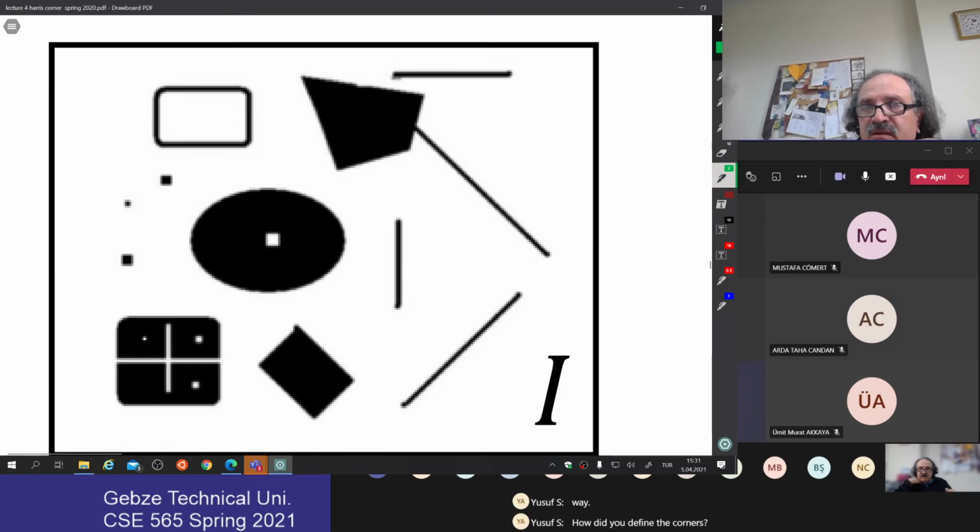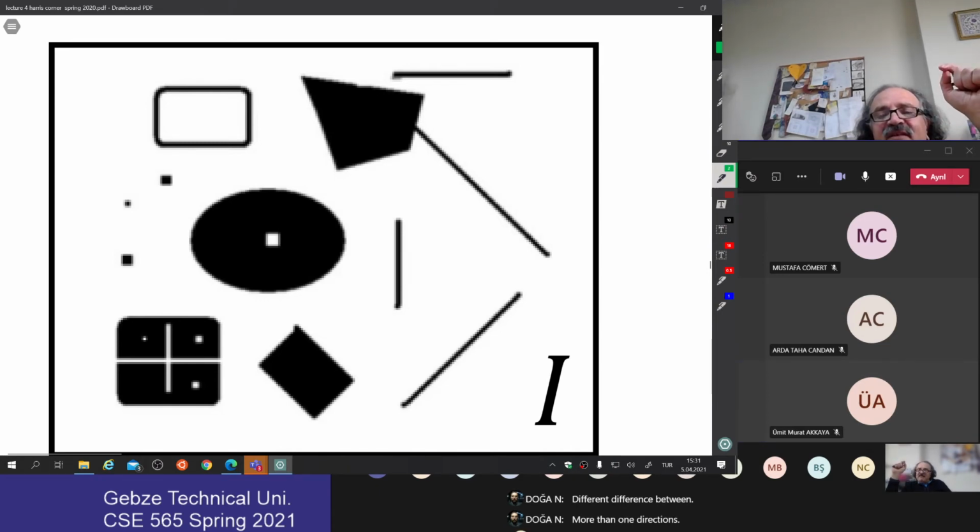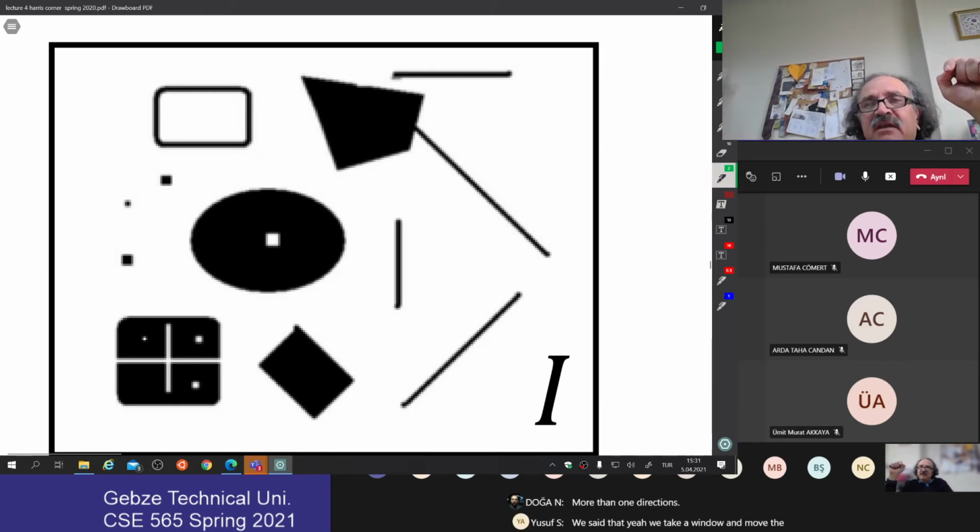We said that we take a window and move the window around. If we see changes in any direction, we call that a corner.